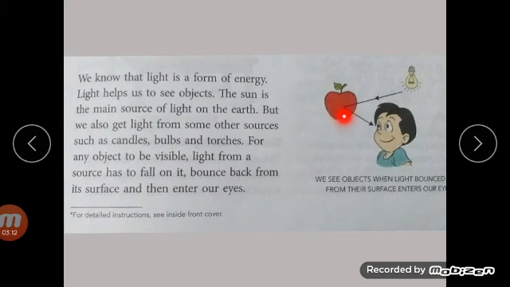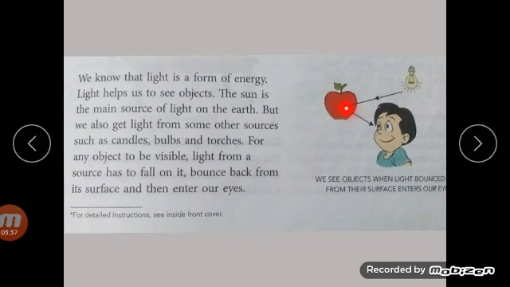Here an apple is the object. The source of light here is a bulb. The sun is not there.